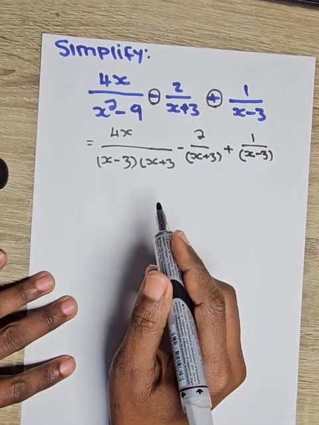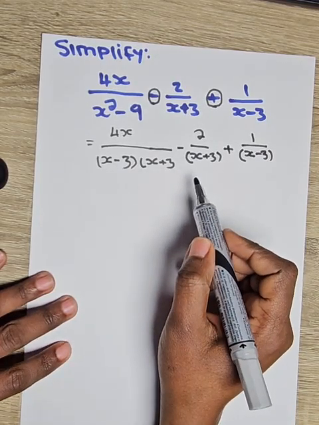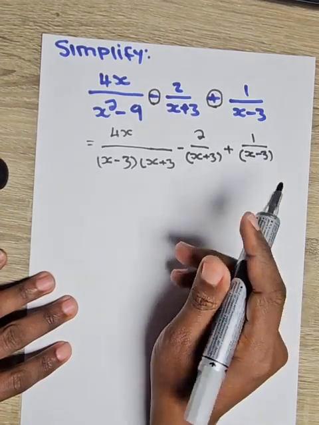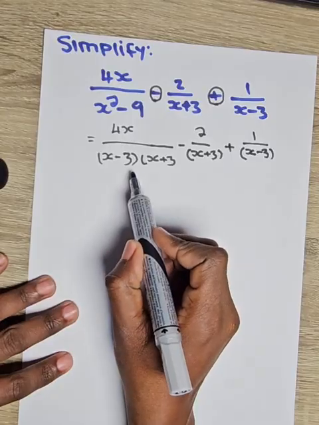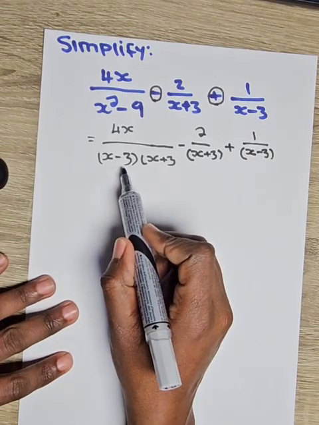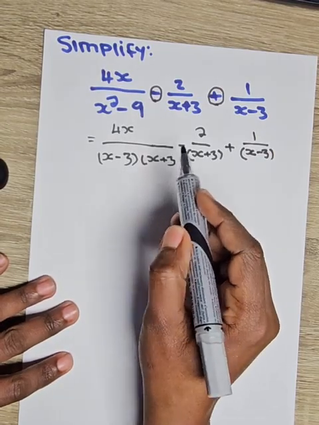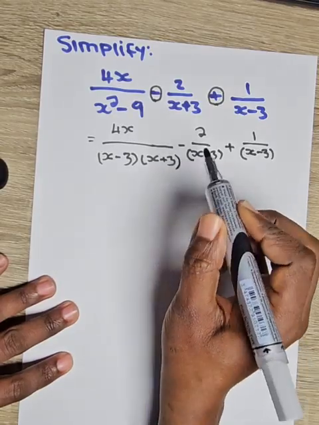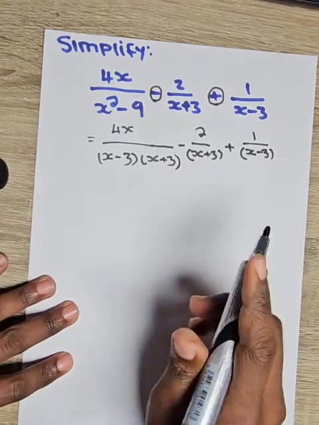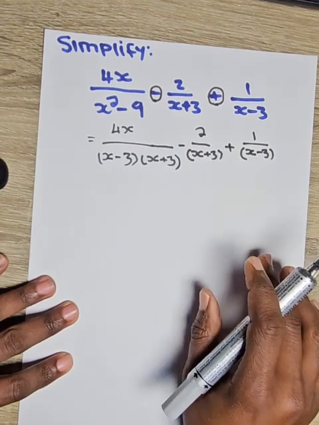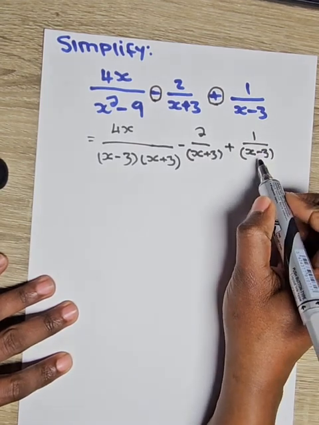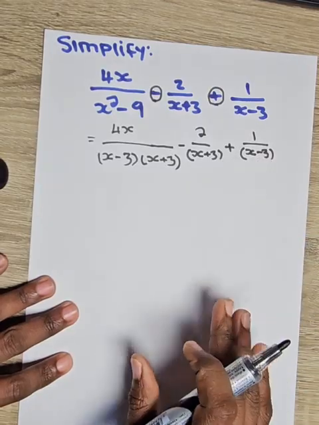So now we must make the denominators the same. Let's check. First fraction, we have a denominator of x minus 3 times x plus 3. Second fraction, we have just x plus 3. And the last fraction, just x minus 3.